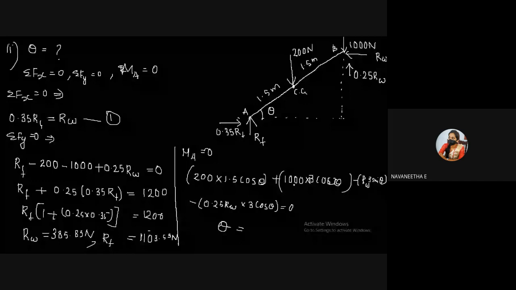So from this equation, you can take RW 3 sine theta to the right hand side. It will be easier for you to solve this equation. In the left hand side, all the values relate to cos theta, so you can take cos theta outside. In the left hand side, the value is in terms of cos theta, and in the right hand side, the value is in terms of sine theta.